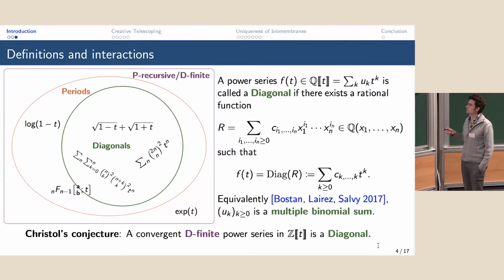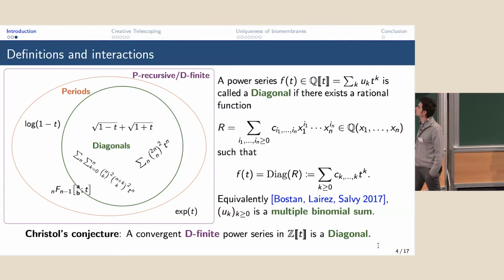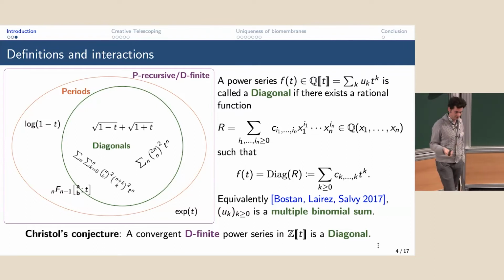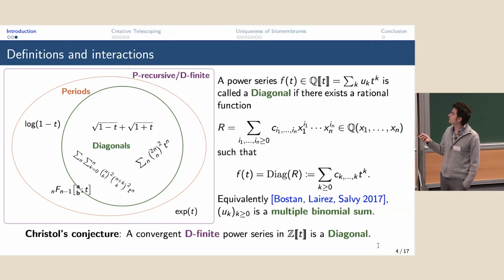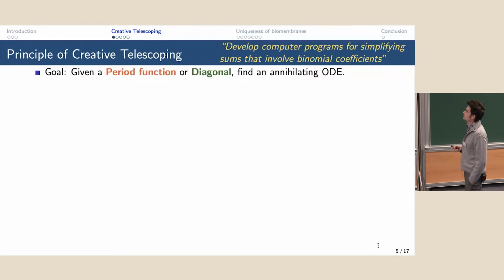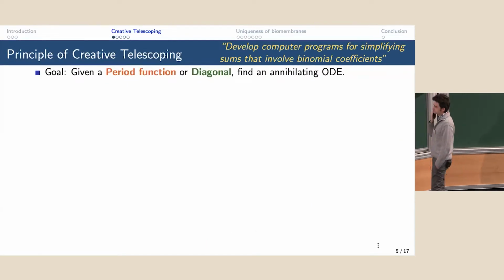So this is widely open, and it's actually also open for these hypergeometric functions, which I've written here, and even for explicit examples. So, yeah. So this concludes somehow the definitions part, and now let me come to the principle of creative telescoping.